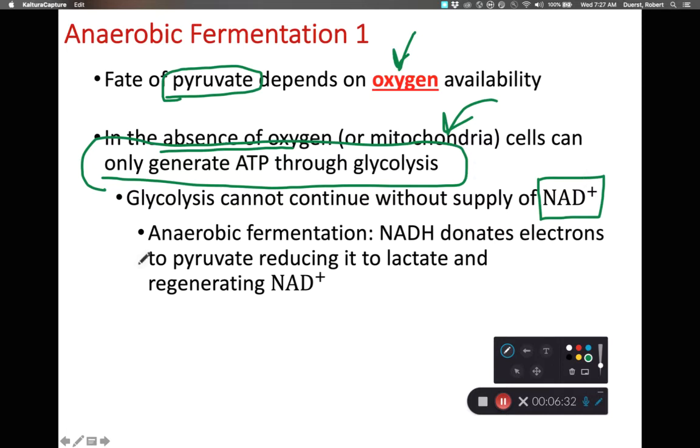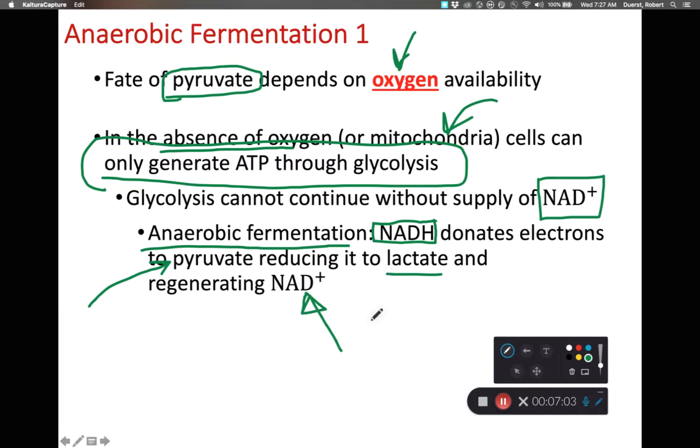And when we look at anaerobic respiration, we are going to take that high energy electron in the form of an NADH, and that high energy electron will then be donated to a pyruvic acid, and we take that pyruvic acid at the end and turn it into a lactic acid. And this process of turning pyruvic acid into lactic acid regenerates the electron carriers and allows glycolysis to continue to occur.